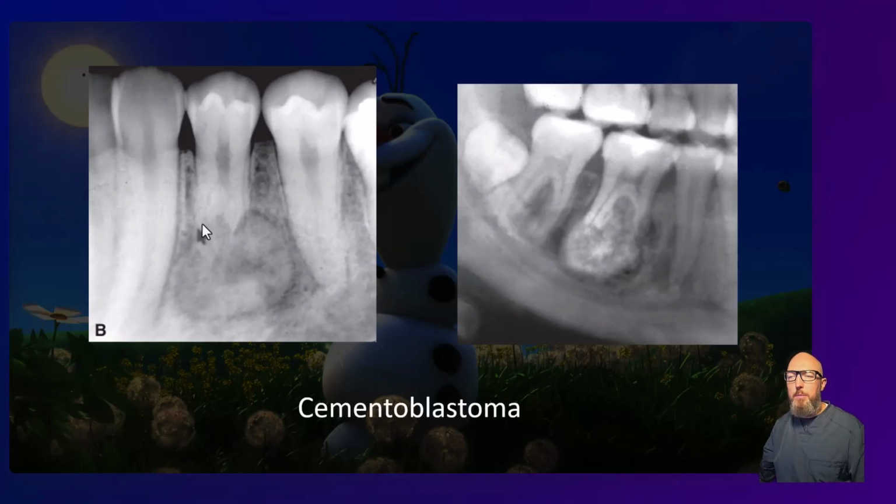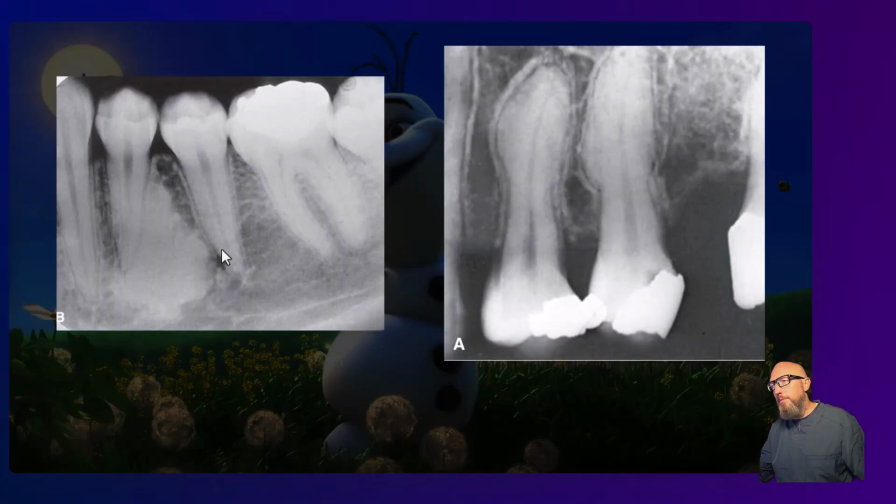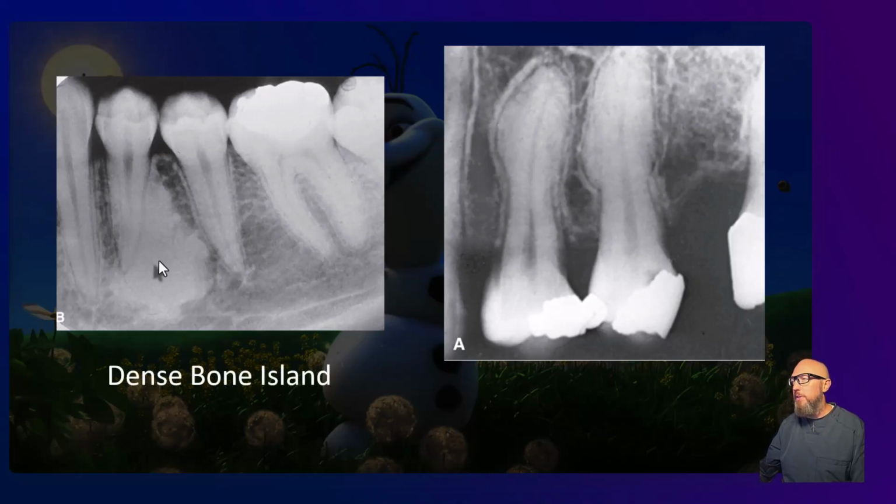So these are our cementoblastoma, nice and round, ball-shaped. What's the difference with these? Which one's hypercementosis? Well, that's the one attached to the roots with the PDL space going around it. The enostosis, or dense bone island, idiopathic osteosclerosis, the PDL space is intact and separates the root from the lesion. So idiopathic osteosclerosis, hypercementosis, these should be starting to get easy for you now.